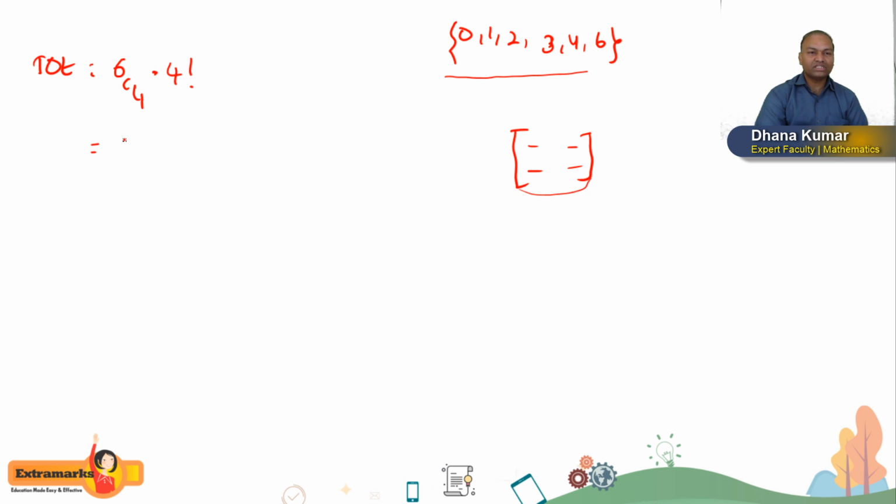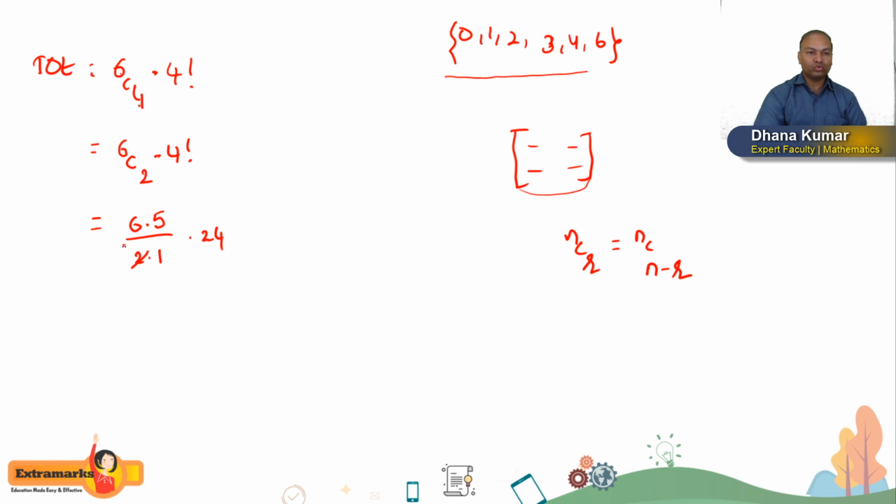So that is equal to, simplification, 6C4. 6C4 can be written as 6C2, since nCr is equal to nC(n minus r). Is it correct or not? 6 minus 4 is 2, into 4 factorial. Now simplify. 6C2 can be written as 6 into 5 by 2 into 1, into 4 factorial. 4 factorial is 24.